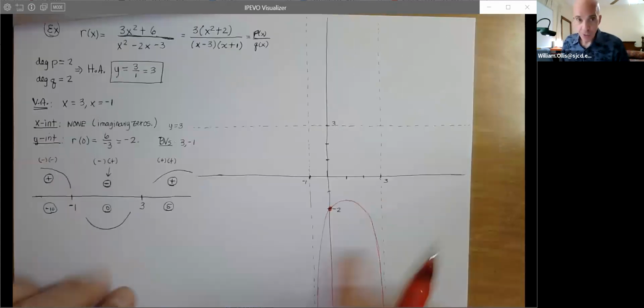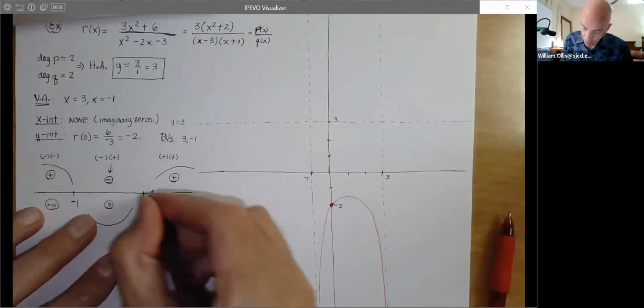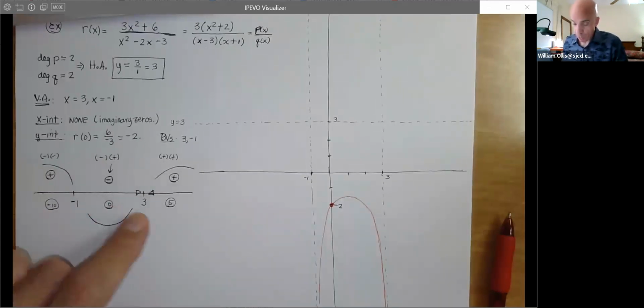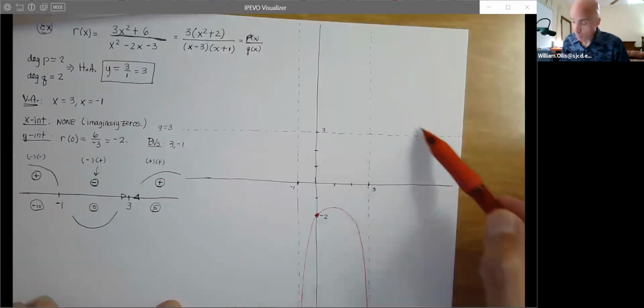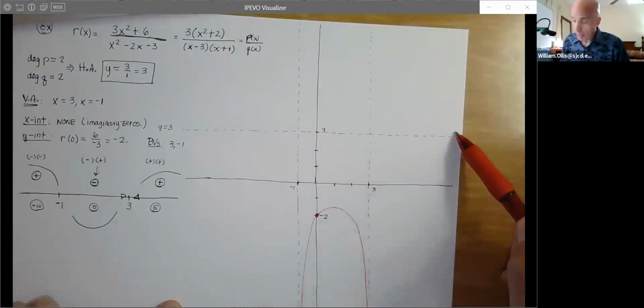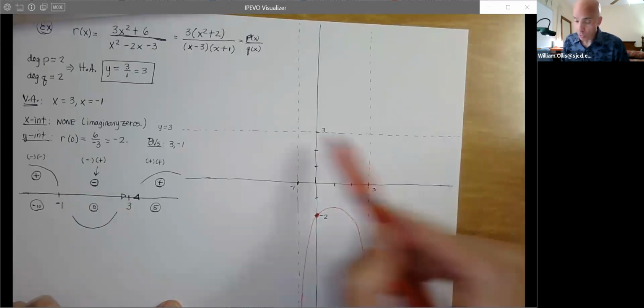On this side, as we approach 3 from the right, we approach positive infinity, and then we have to approach here. So are we going to cross here or cross there?